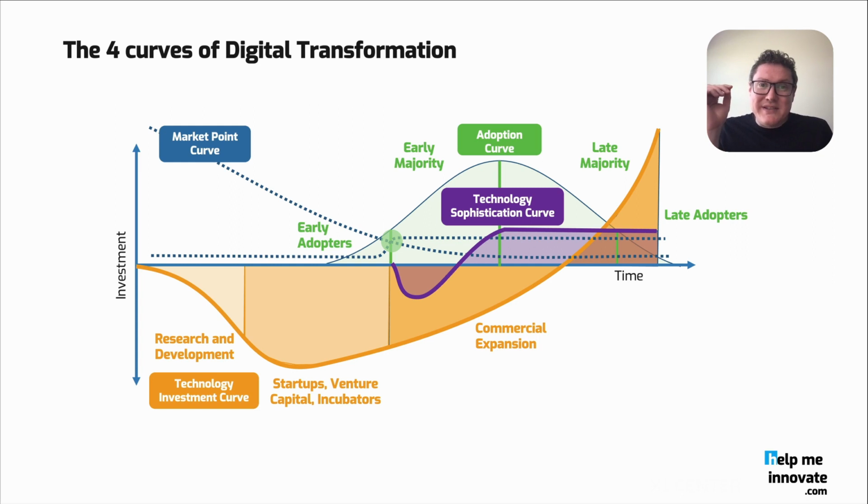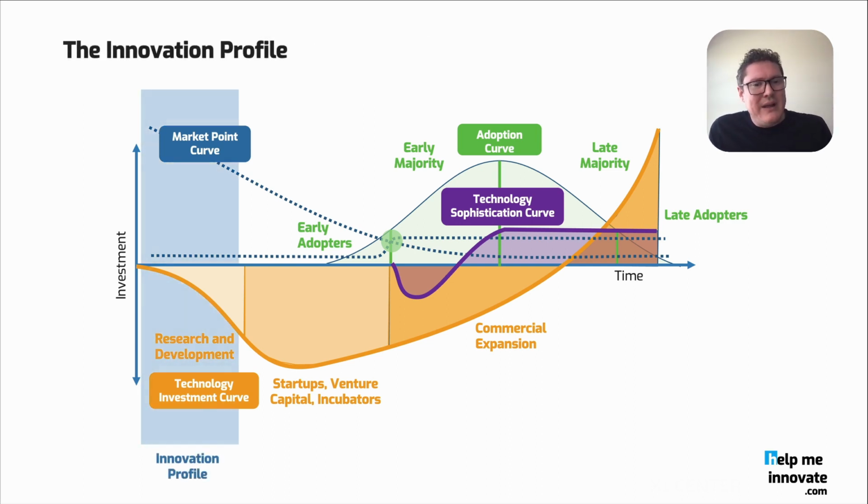The challenge is that a lot of companies don't differentiate between these different phases, and they don't have clarity on what their true innovation profile is. So they say, we want to work with blockchain, for example. But if you really want to work with blockchain at the first phase of R&D, you have to be willing to be putting 7, 10, 15 years of money into this before you're going to see any results.